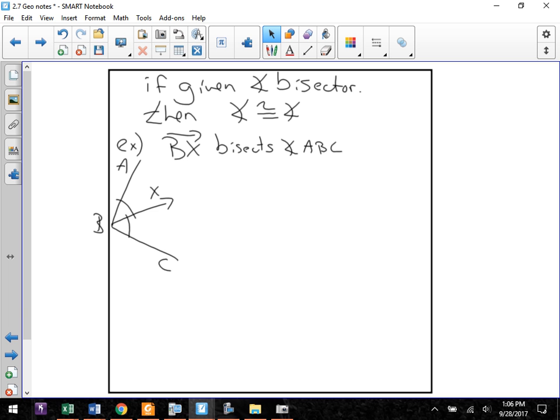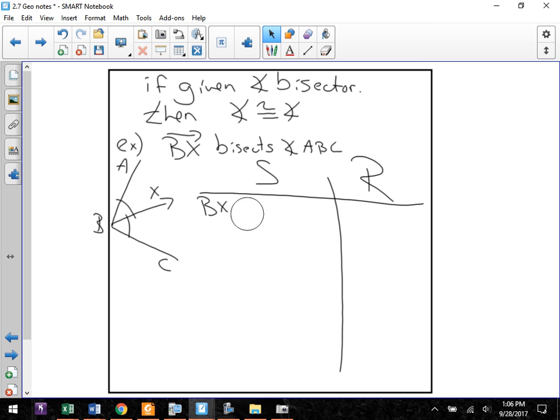Let's see it again. We put it in now via what would look like our T chart, our two columns for statements and reasons. What you're saying, why. BX bisects angle ABC.